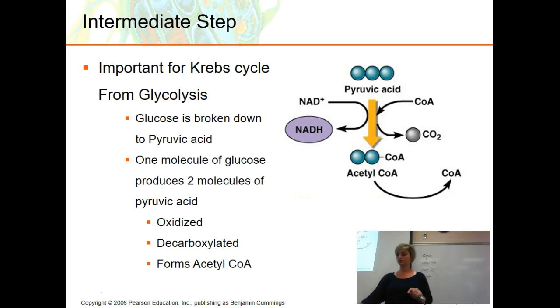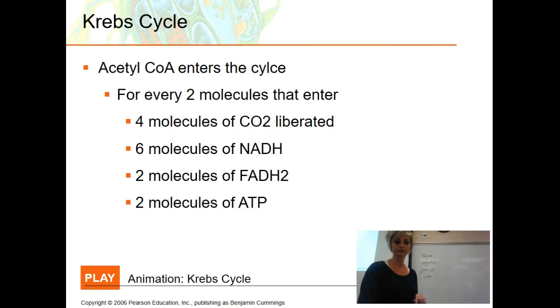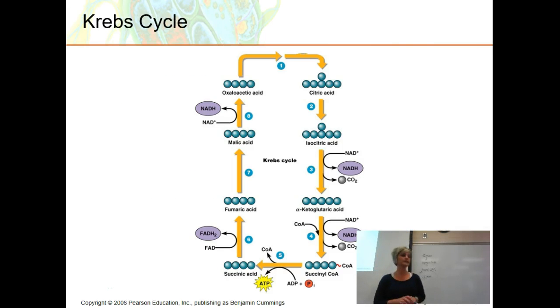Let me show it to you. It looks like this in its entirety. There are 8 different reactions happening in the cycle. The only one I really want to focus on is succinyl-CoA to succinic acid. It's number 5 here.